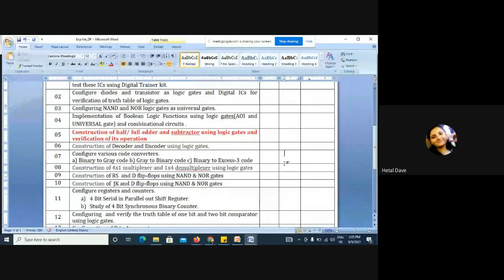This is our title. Now to understand this title, we will understand first of all what is half adder and full adder, half subtractor and full subtractor. And to understand its operation with practical, we will implement this circuit using digital trainer IC kit.